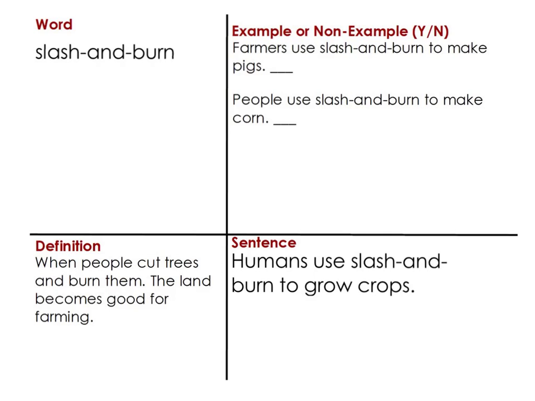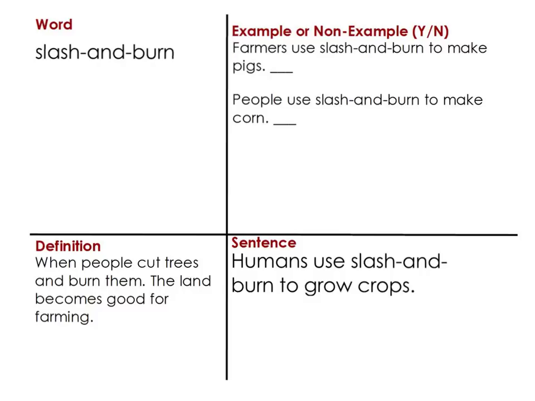The next word is, and the last word, slash and burn. I say it, then you say it. Let's read the definition together. When people cut trees and burn them, the land becomes good for farming.